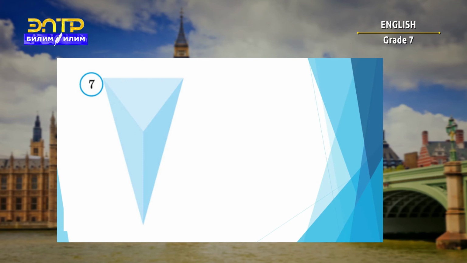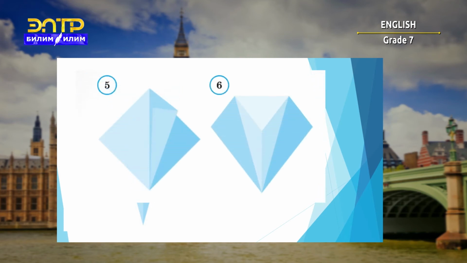And the 7th step, turn over your paper. Repeat the steps number 5 and 6 as you can see on this slide.